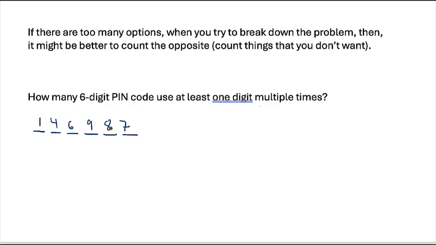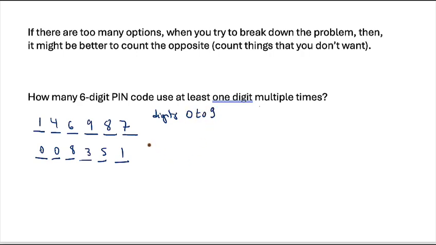Because you're taking all the digits, right? You're taking the digits between 0 and 9, right? So it could be, for example, 0, 0, 8, 3, 5, 1, okay? So the digits you're considering are from 0 to 9, okay? All right.